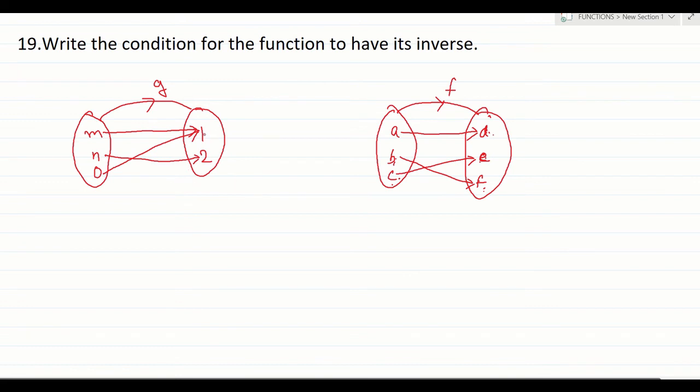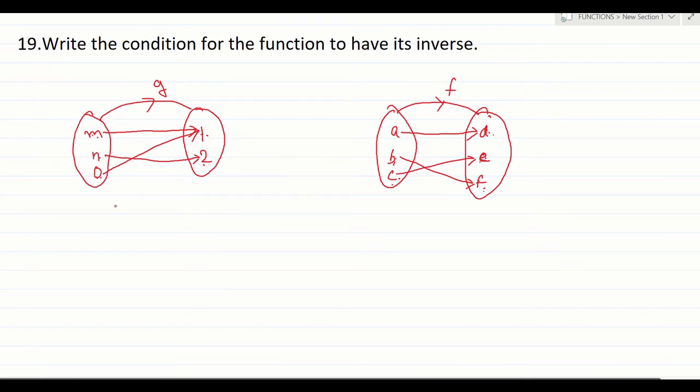So in this case, we can see the pre-image of 1. The pre-images of 1 are 2 in number, that is m and o. 2 has only one pre-image, that is n, but 1 has two pre-images, m and o.